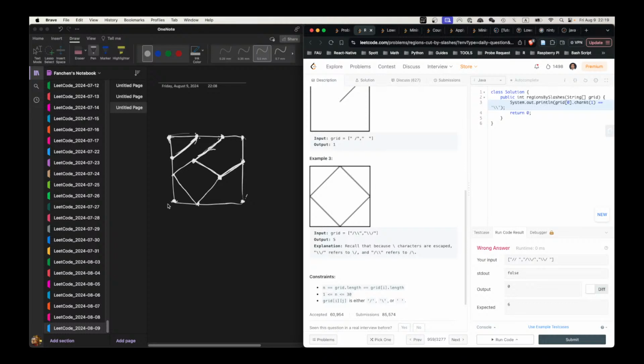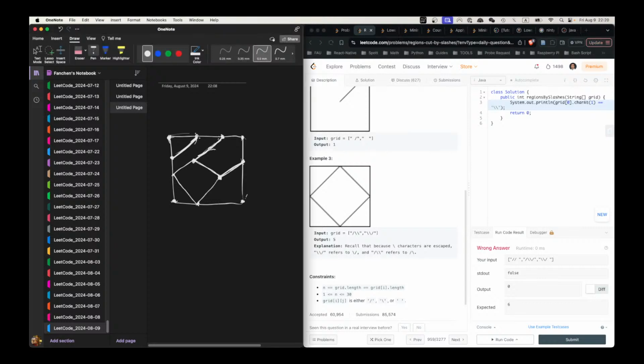Then we need to find these regions, which essentially means we need to find a path. That's the thing. What do you mean by a path? Because you can go any way, so this does not necessarily mean it has to be a path.